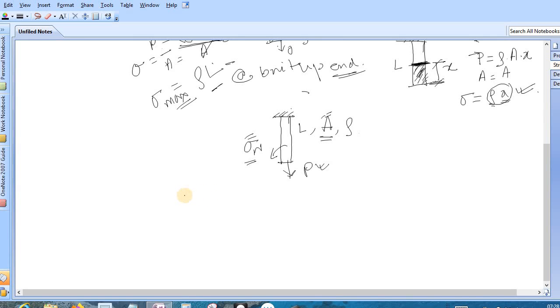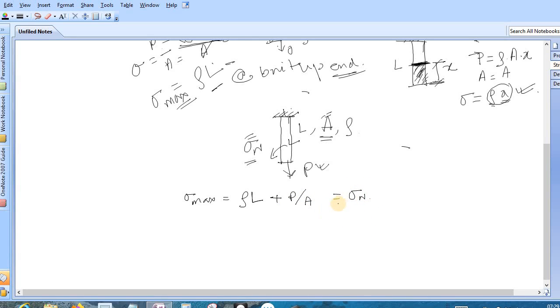You have already learned that sigma max comes at the build-up end, and this is your rho L due to your internal or self weight, and due to external load this is P by A. P is the external load and A is the cross-sectional area. Now sigma max is your sigma working.